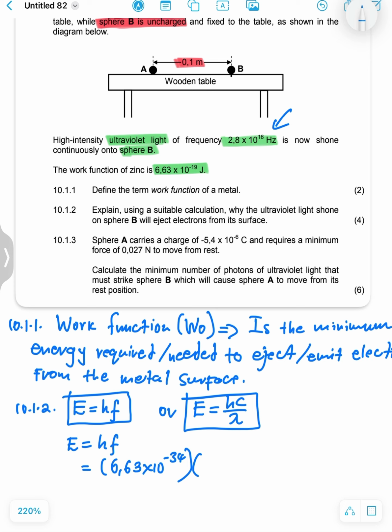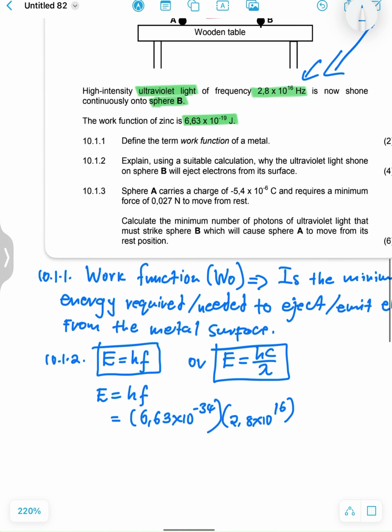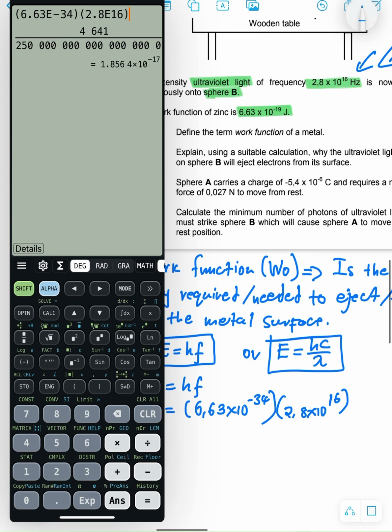It says high intensity ultraviolet light of frequency 2.8 times 10 to the power of 16 hertz. So when you use your calculator to get the answer here, it's going to be 6.63 times 10 to the power of negative 34 multiplied by 2.8 times 10 to the power of 16.